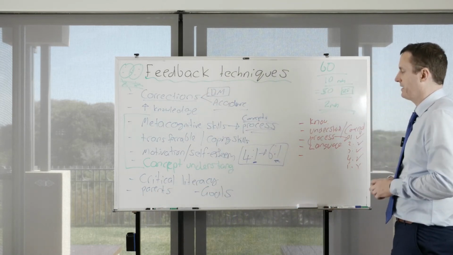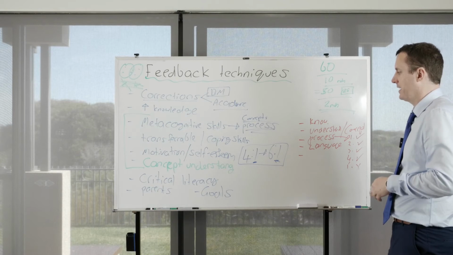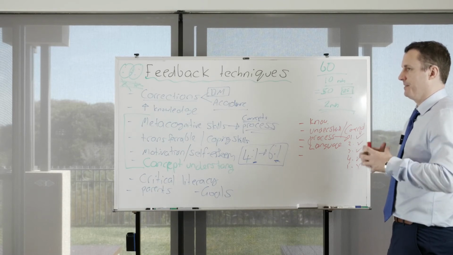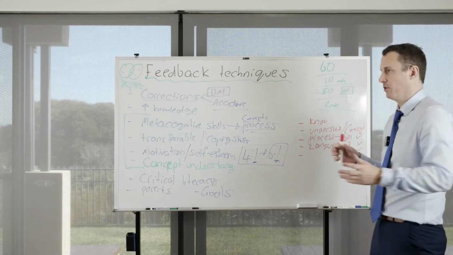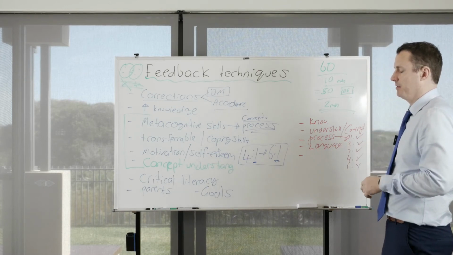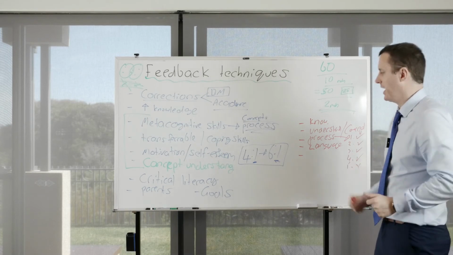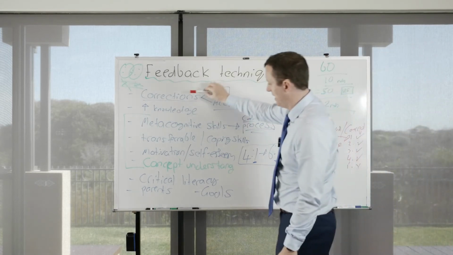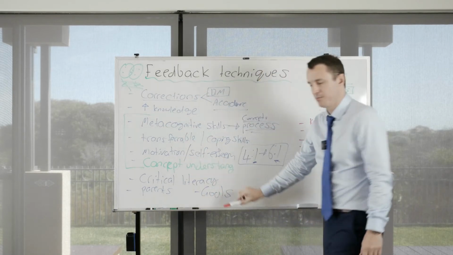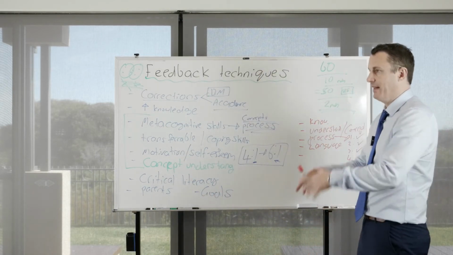Now, obviously you've got parents, which we spoke about before. If you are providing feedback, also bear in mind that the feedback that you provide to a child, quite often you're writing in their homework journal or their communication book that does go to parents. While you're doing that, think about what type of feedback you want to provide to parents and how that can be useful.